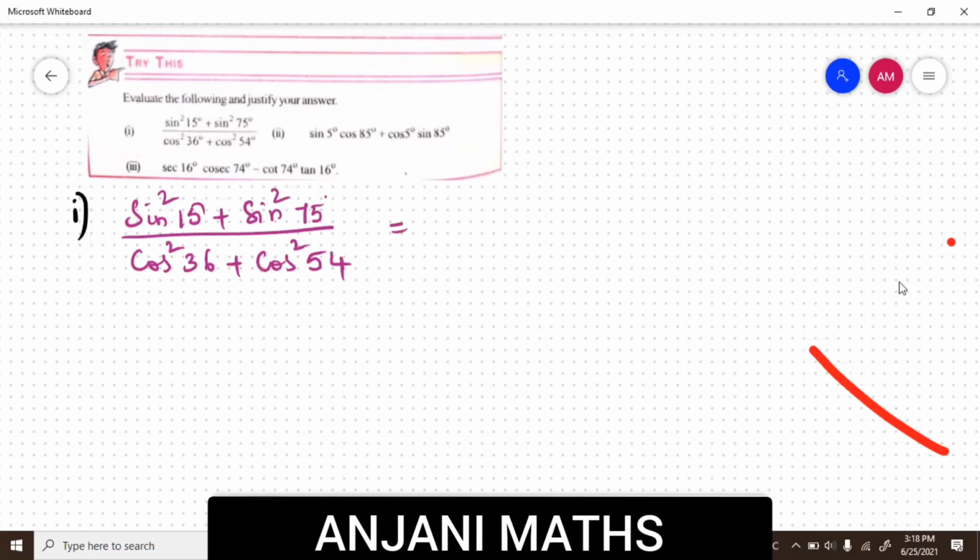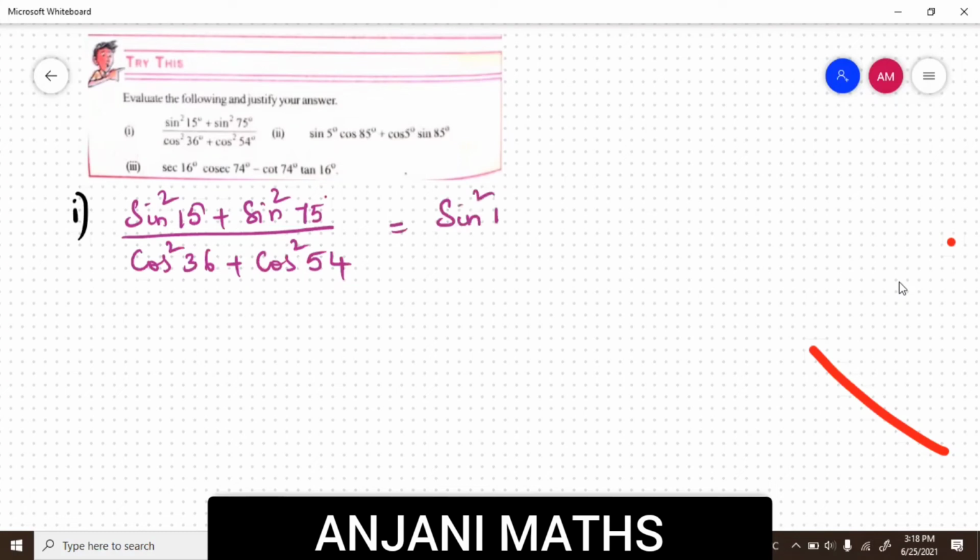In the previous session, we discussed trigonometric ratios of complementary angles. Do you remember that? See here, what is the sum of 15 plus 75? We got 90. So how can we write this?